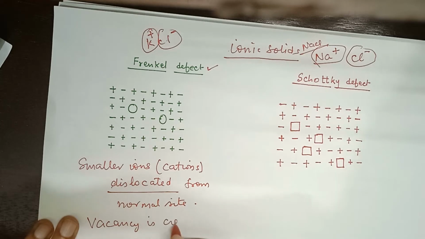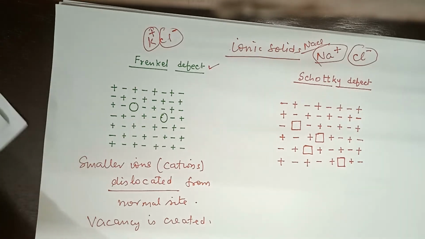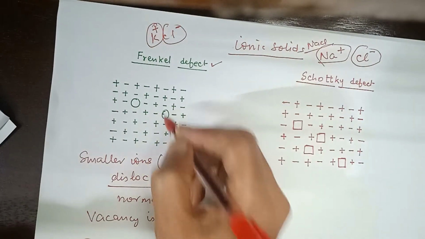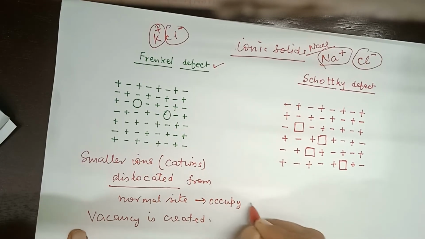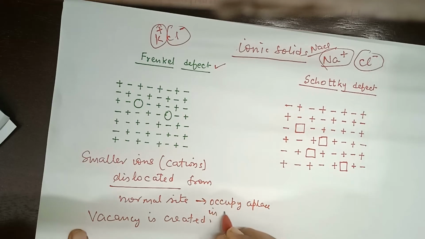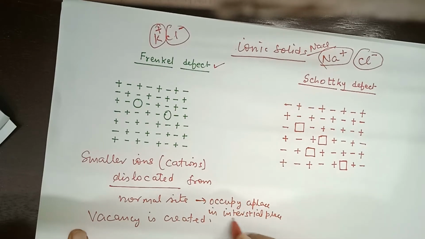Vacancy is created at the original site of the missing cations, and they occupy a place in the interstitial space.